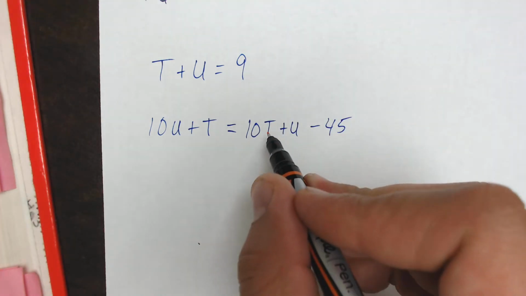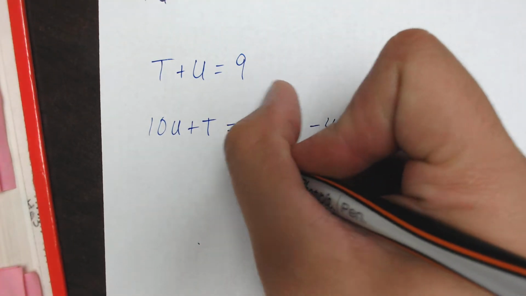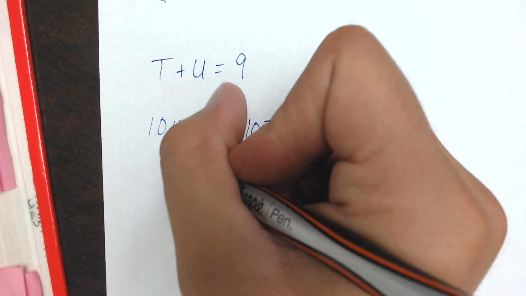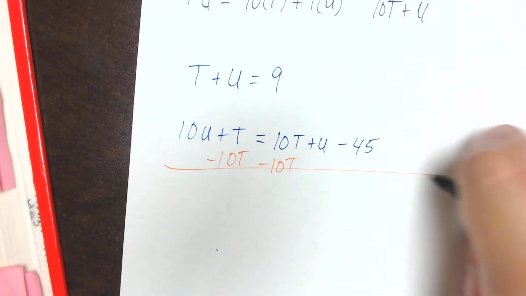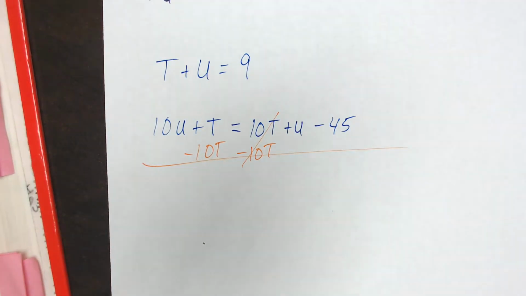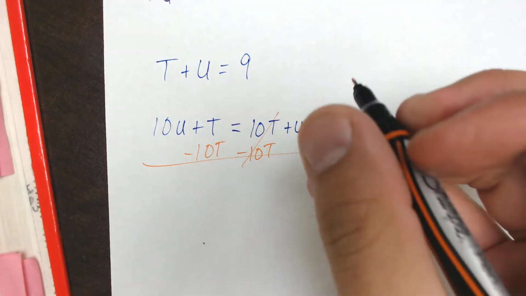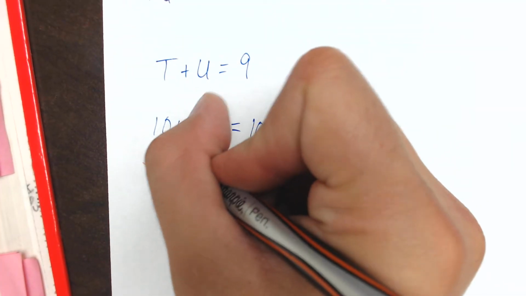So we'll go ahead and move the t and the u to the other side. So if I subtract 10t, here that cancels, and then we'll go ahead and subtract u at the same time.